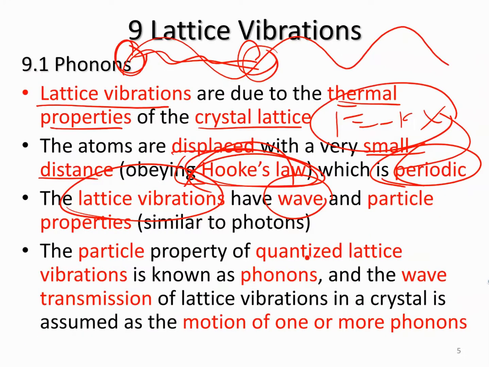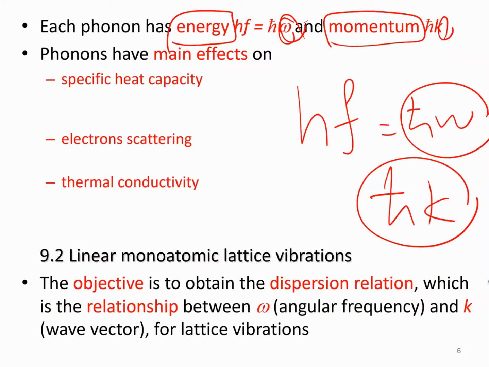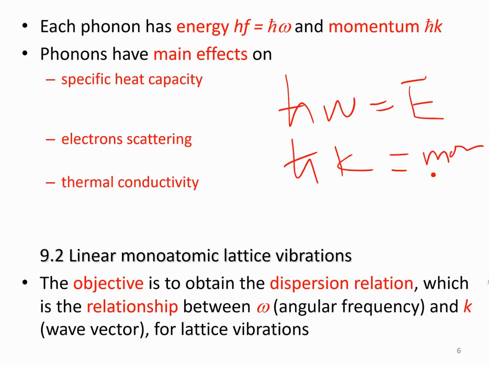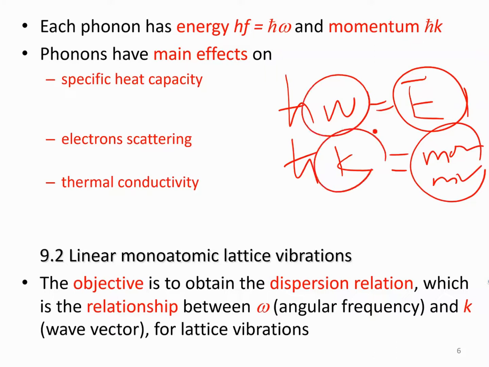Why does omega represent energy? Because we know that bar h omega equals E, and we also know that bar h k equals momentum equals mv, right? So we want to find the relation between E and mv, then we can find the dispersion relation between omega and k.